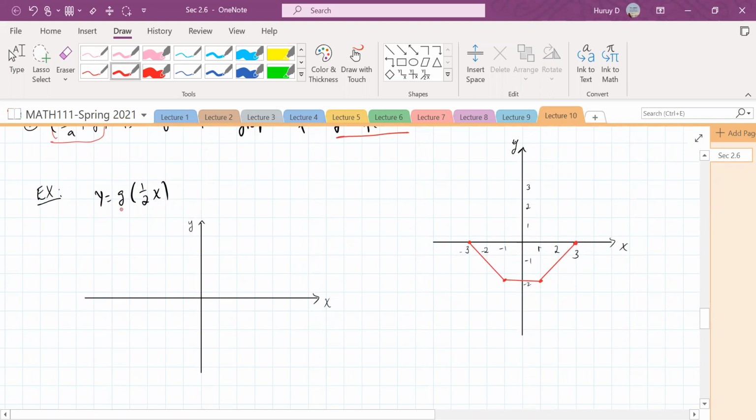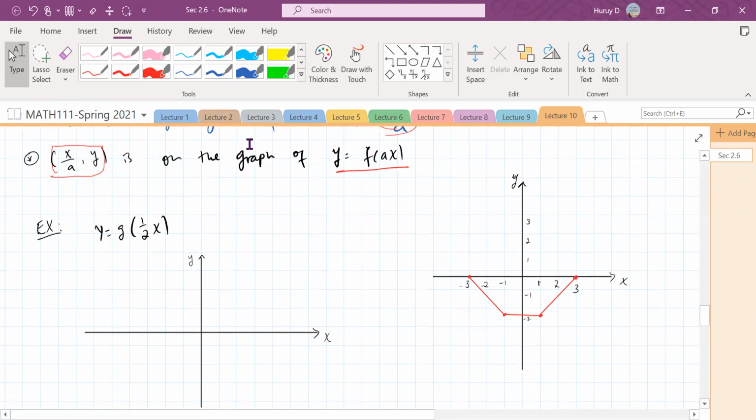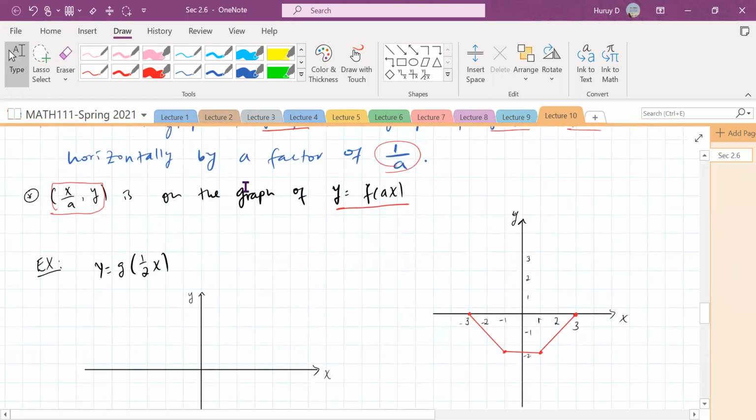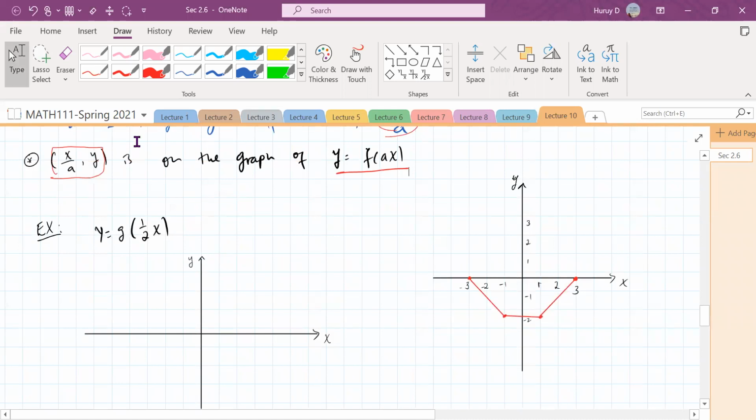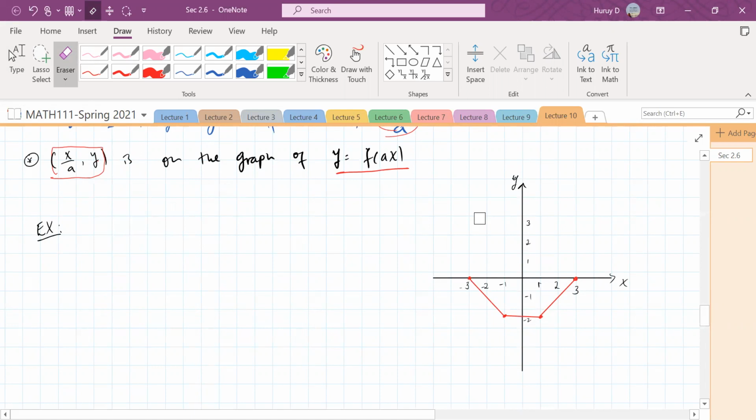Suppose we have y equals, well, this one doesn't have a function, so let me use it for this one.